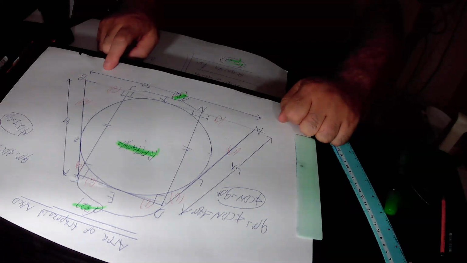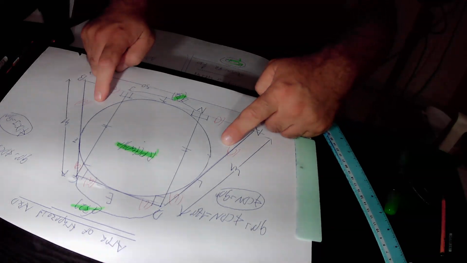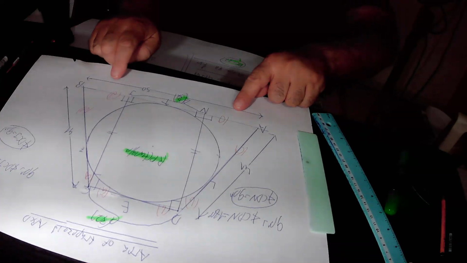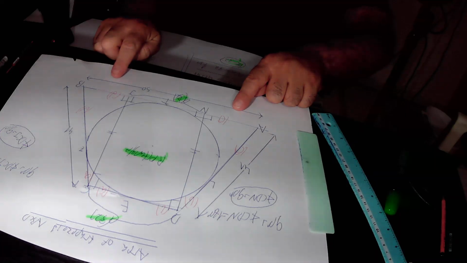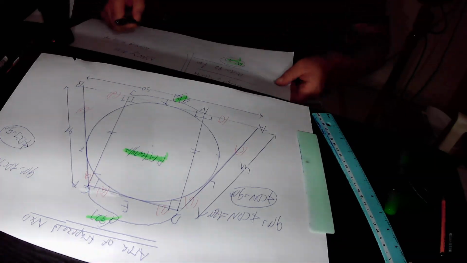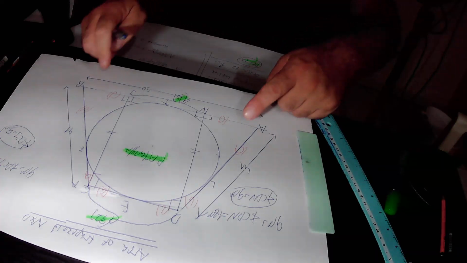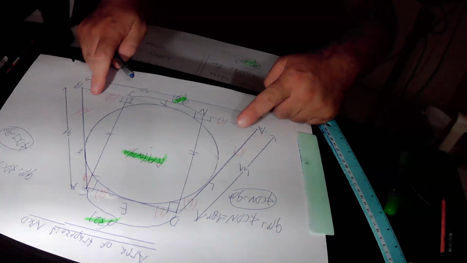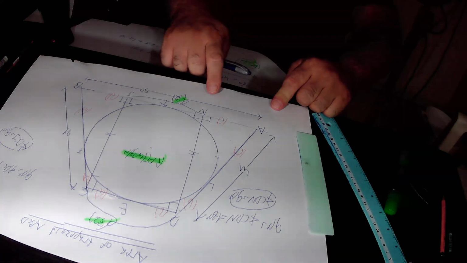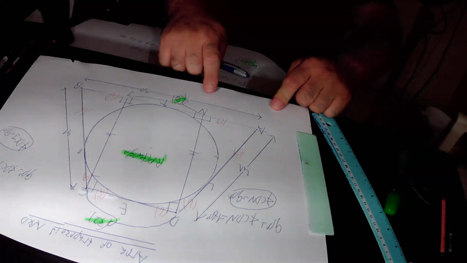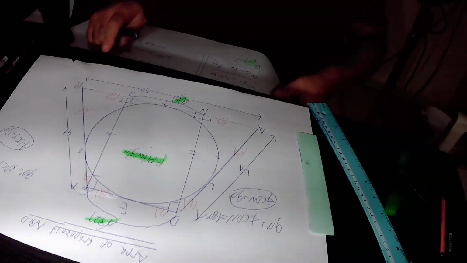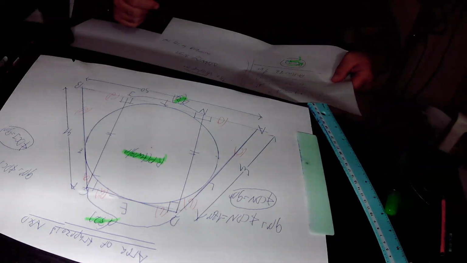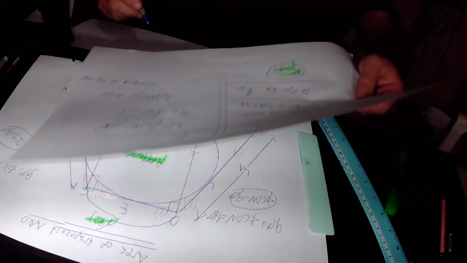Those two triangles can go into each other, therefore the two corresponding sides, that is AN and JB, must be equal in their lengths. So we derive that AN equals JB.